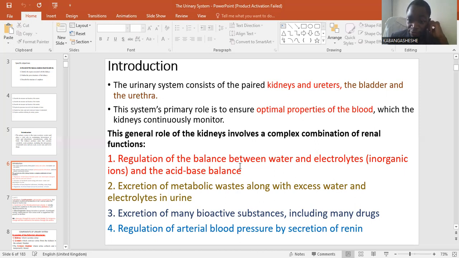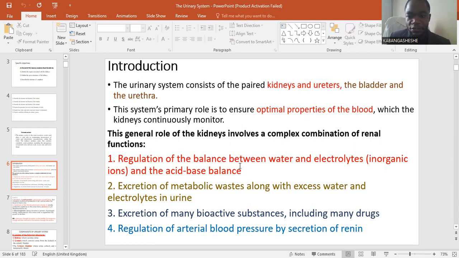Excess hydrogen ions will lead to blood becoming acidic, what we call acidosis. Or in an event where we have excess bases or bicarbonate ions, blood becomes too basic, a condition known as alkalosis. Either of those conditions is not compatible with life. They may alter various metabolic functions.